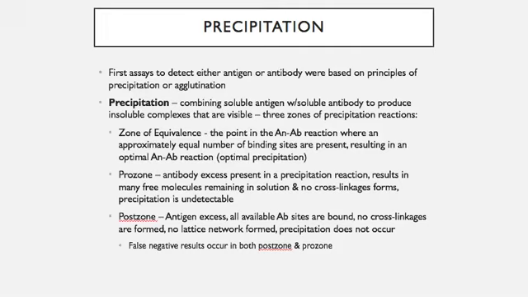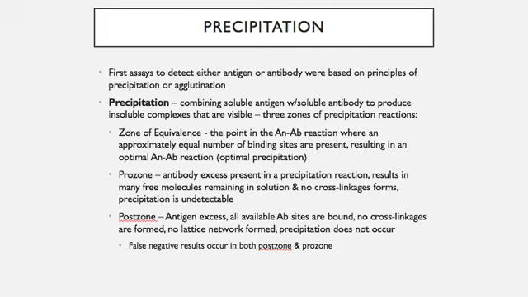And there are 3 zones of precipitation reactions that can occur, and we've talked about these before. The zone of equivalence is the point in that antigen-antibody reaction where an approximately equal number of binding sites are present, so that results in optimal antigen-antibody binding, which is optimal precipitation.